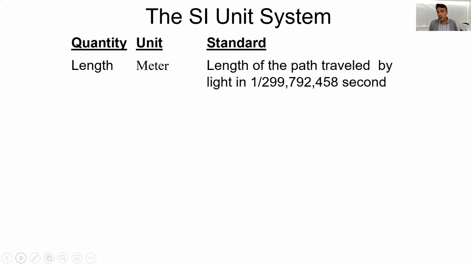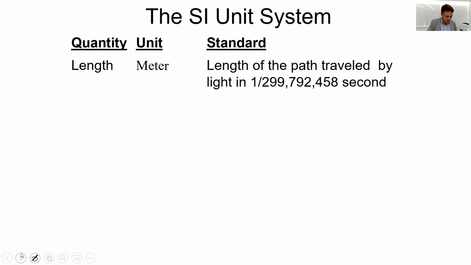The SI unit for measuring length is the meter, and a meter is the length of the path traveled by light in 1 divided by 299,792,458 of a second. So a very small fraction of a second. That's how far light travels.